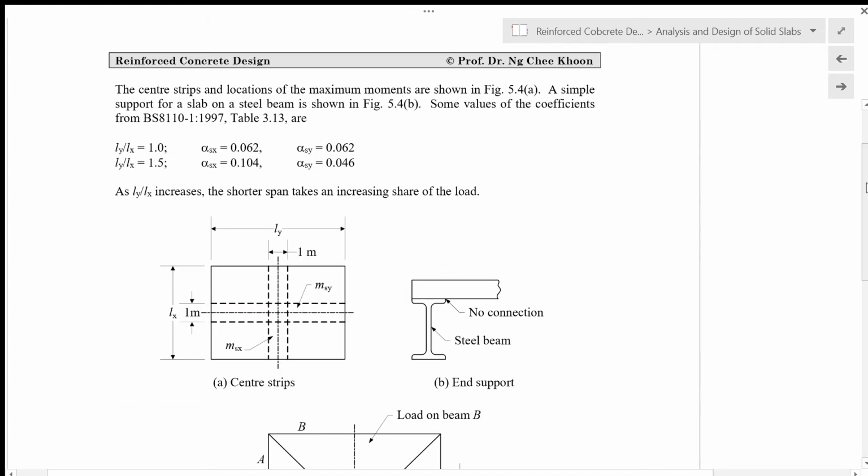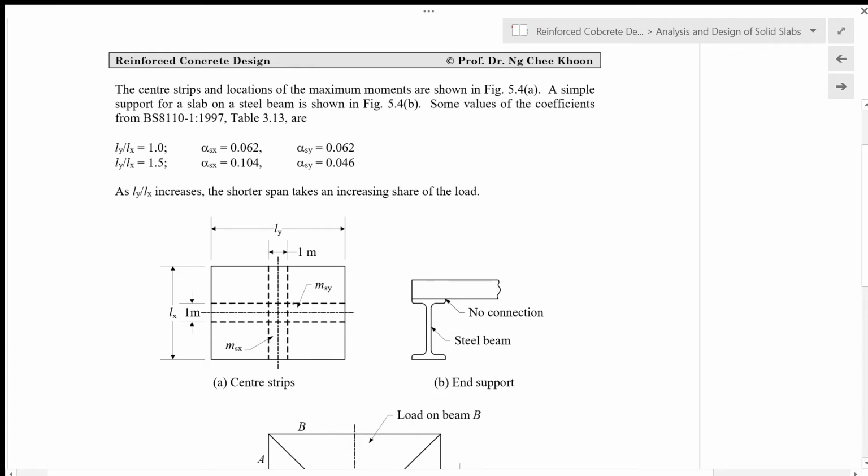1997. The concrete strips and locations of the maximum moments are shown in figure 5.4a. In this case, we have a 1 meter strip in the LX direction where the span is LX, and a 1 meter strip in the LY direction where the span length is LY.